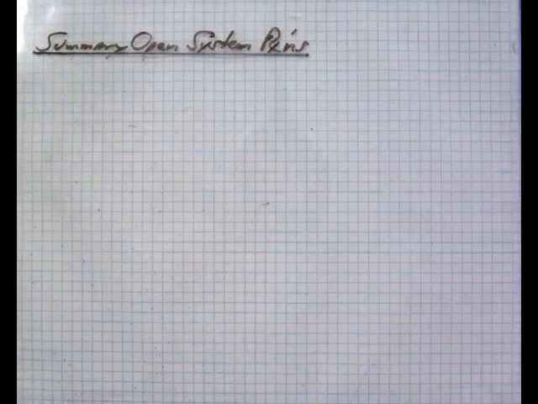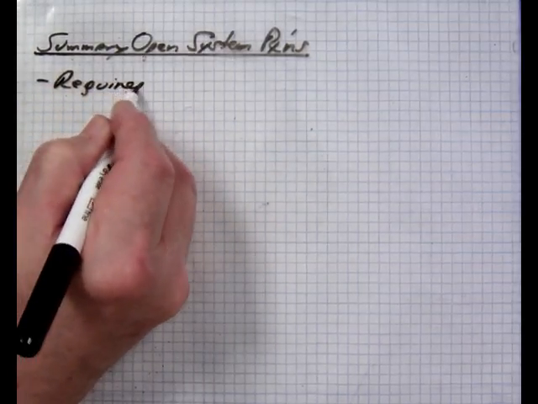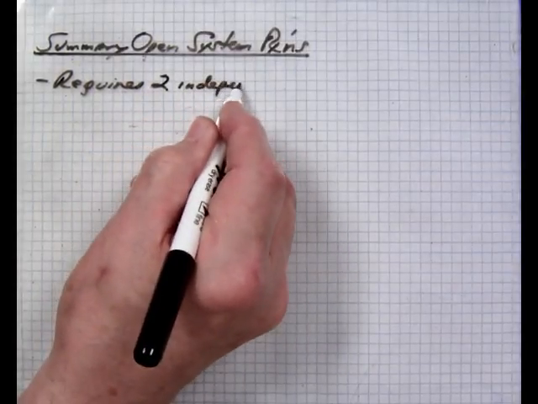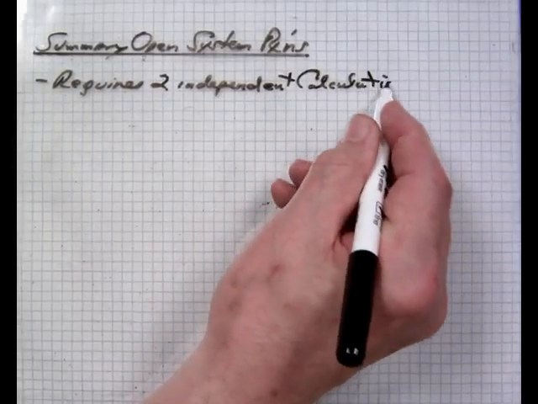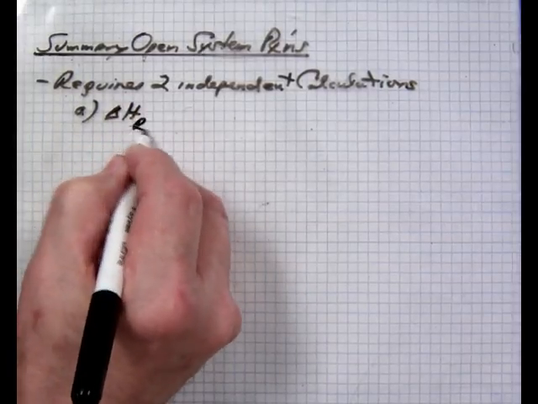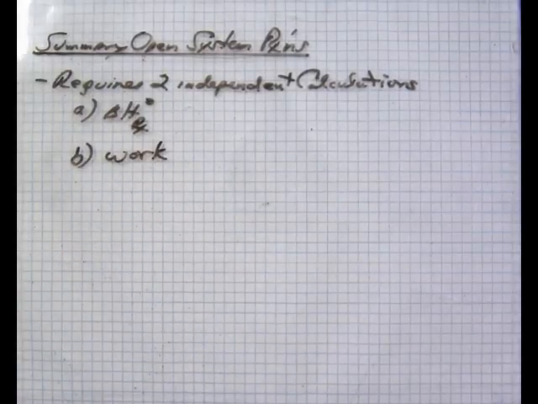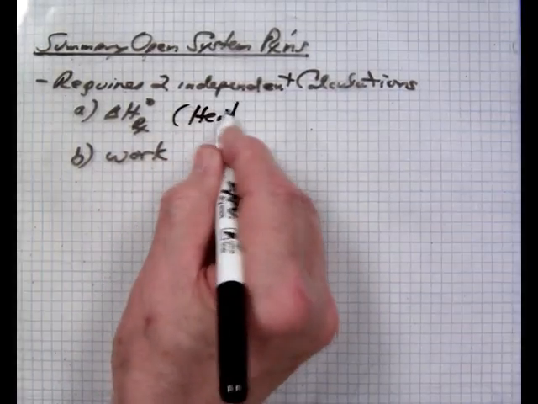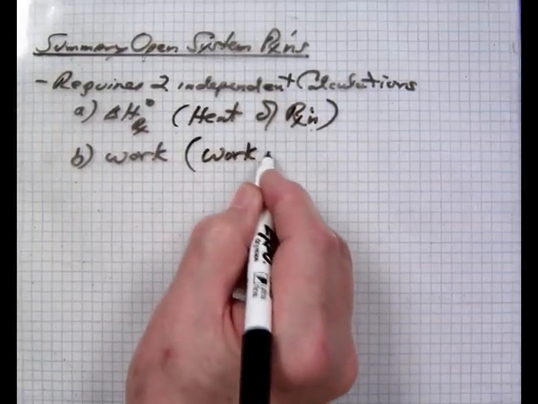The topic requires two calculations, one independent of the other. Then you combine them. Delta H of reaction, heat of reaction, and work of reaction.